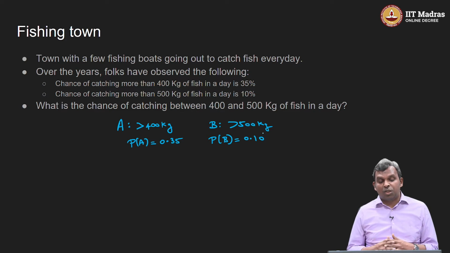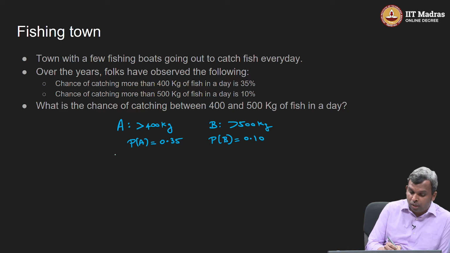Now the question is asking you, what is the chance of catching between 400 and 500 kilograms? So what I want to know is the probability for the catch being less than or equal to 500 kilograms and greater than or equal to 400 kilograms.